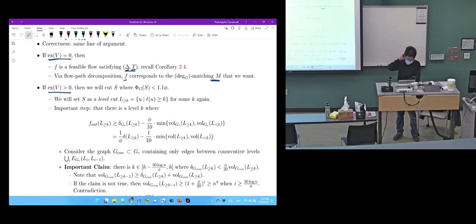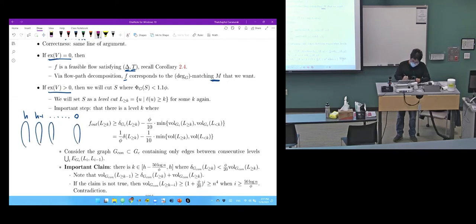And so how do we construct a sparse cut? Well, we look at this level again. We basically look at the level of vertices here. When you use push and relabel to find some cut, it's always like this.